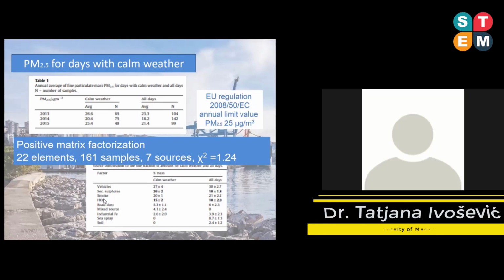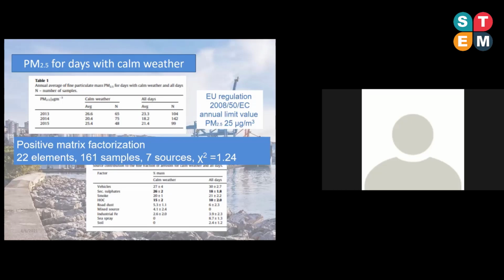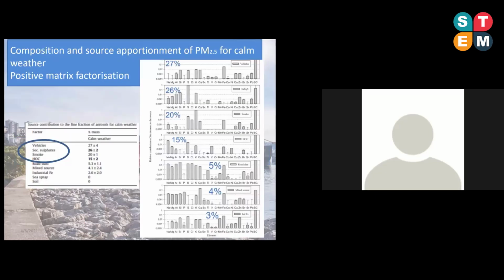Secondary sulfates and heavy oil combustion were higher by 8 and 5% than for all days. And finally, we obtained source apportionment of PM2.5 fraction for calm weather.